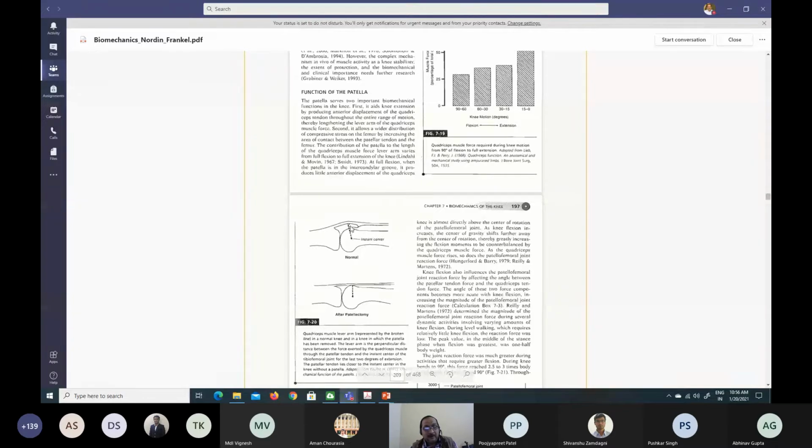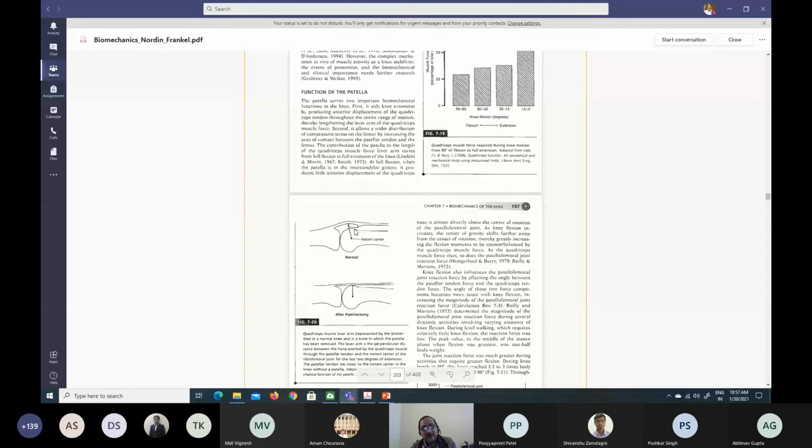Now, since it shares a joint with the femur, it also distributes the forces over a wider area, leading to a wider distribution of compressive stresses on the femur by increasing the area of contact between the patellar tendon and the femur.